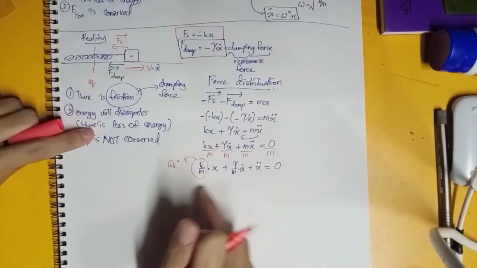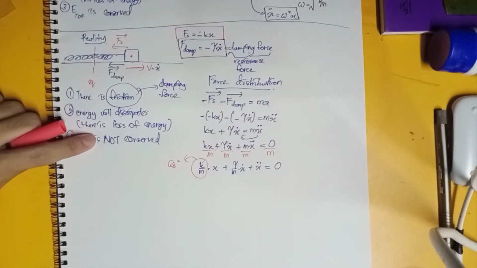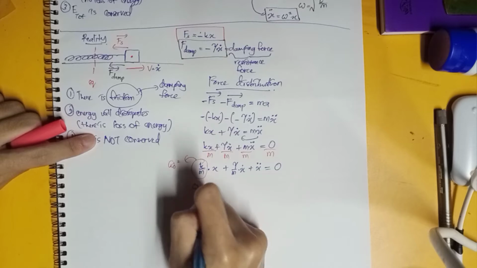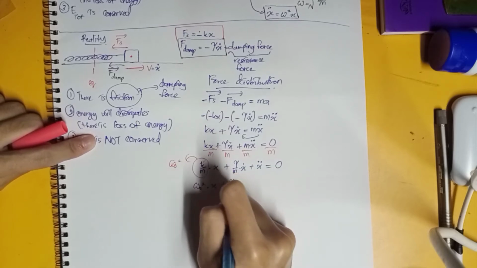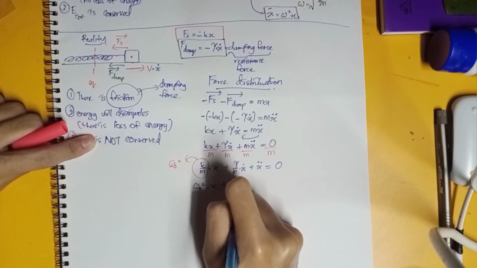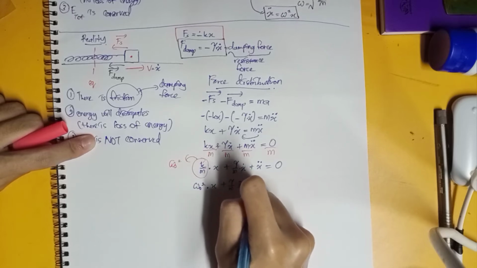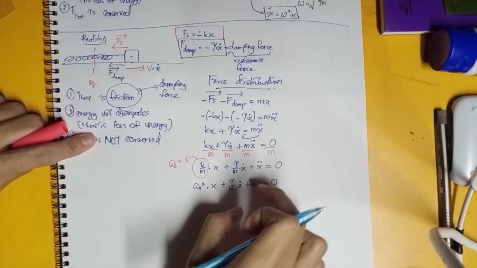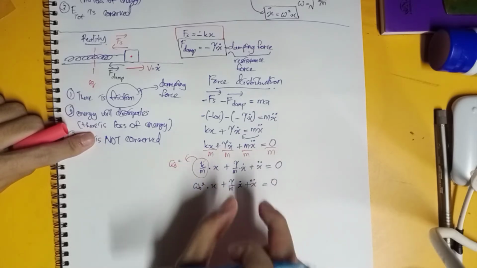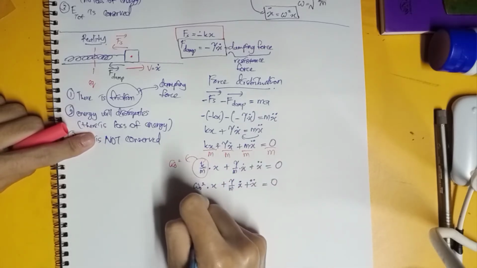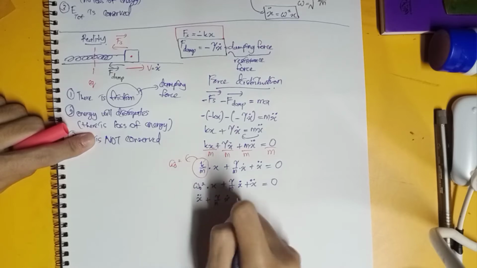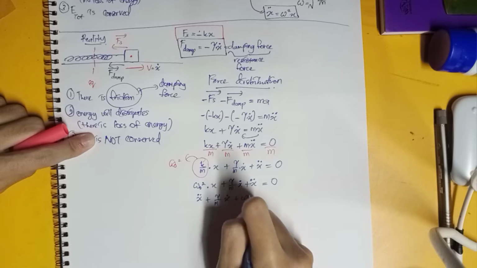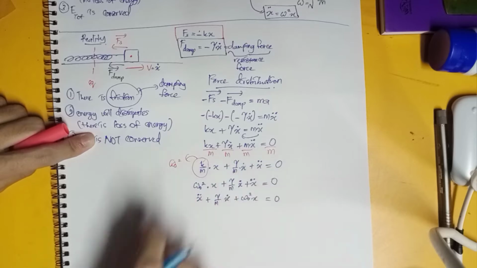So we get omega naught square x plus gamma over m x single dot plus x double dot equal to 0. Now I will do some rearrangement here, so we get x double dot plus gamma over m x single dot plus omega naught square x equal to 0.